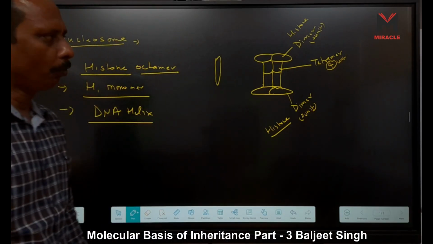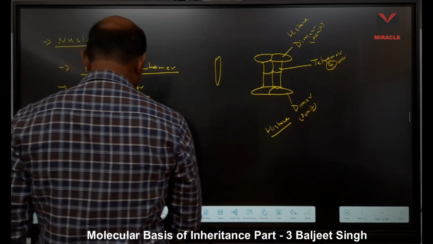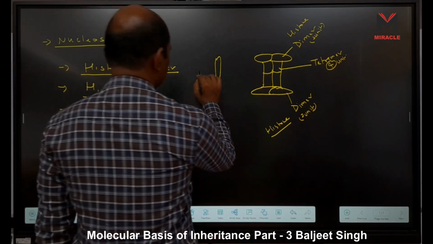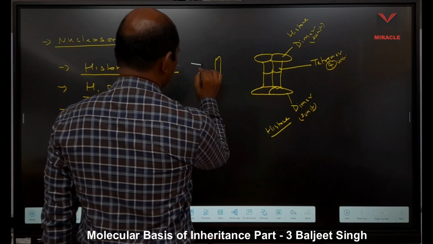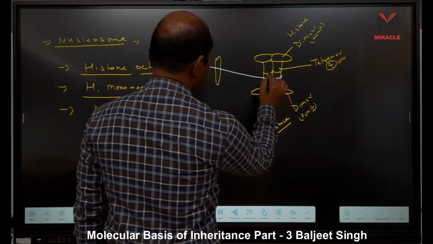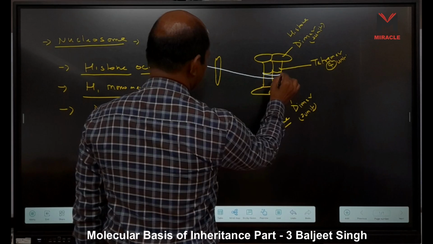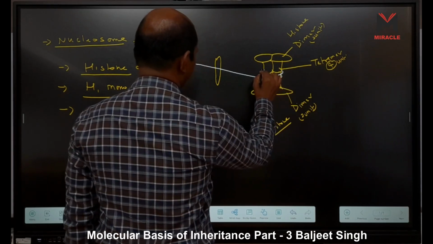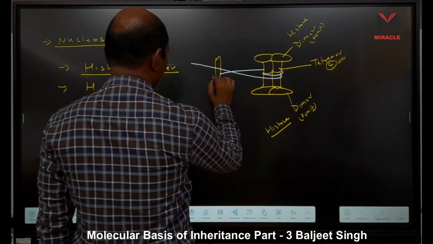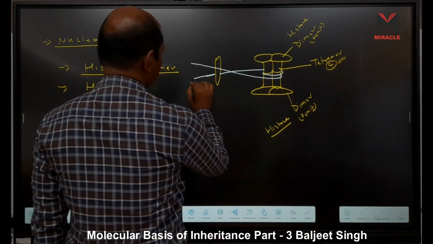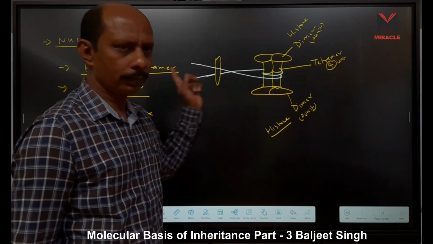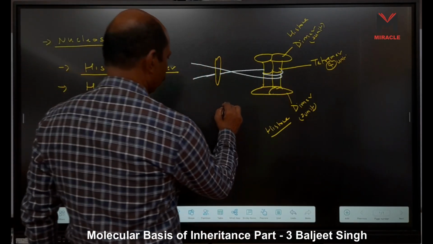Now suppose that this is the DNA. This DNA comes from that side and makes the first circle, now the second circle, but the third circle is not completed. Now it comes to that side, and this goes to that side. This part is called a nucleosome.